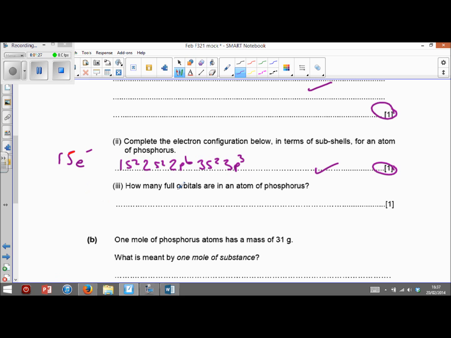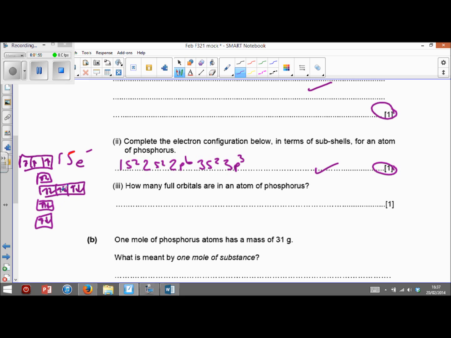But just remember to draw out your orbitals. So your 1s2, 2s2. Remember the next one's got 3, 6, 2, and then the next one 3 again. 1, 2, 3.